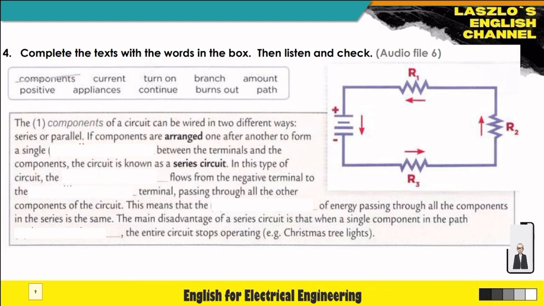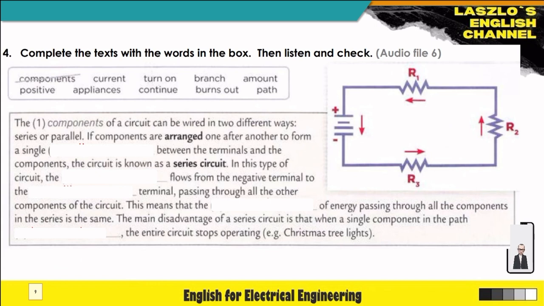Okay, our next text here. Complete the text with the words in the box, then listen and check. Well, this is the listen and check part. So, let's have a quick look. The components of a circuit can be wired in two different ways, series or parallel.